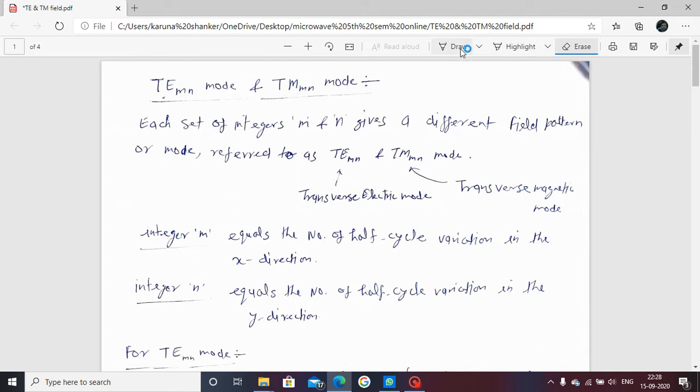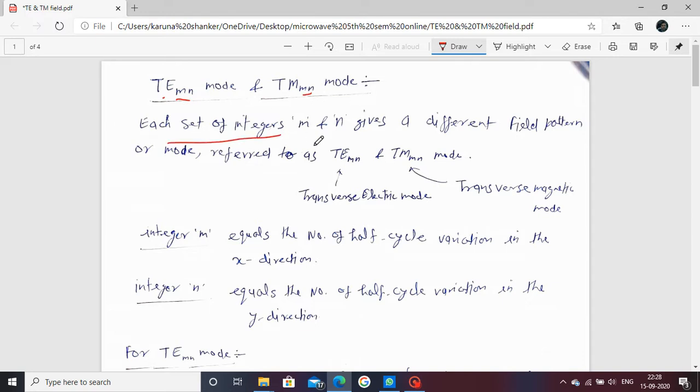What is meant by these suffixes? M and N. This one also M and N. M and N are integer values which represent your TE and TM mode or wave. The field configuration means the field pattern of your TE_MN and TM_MN.